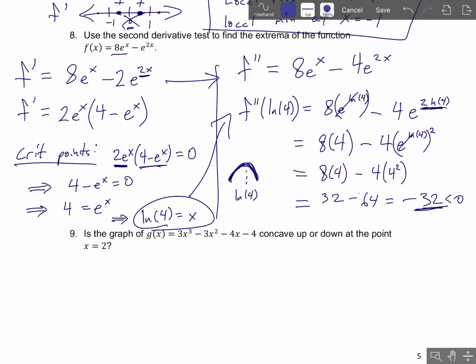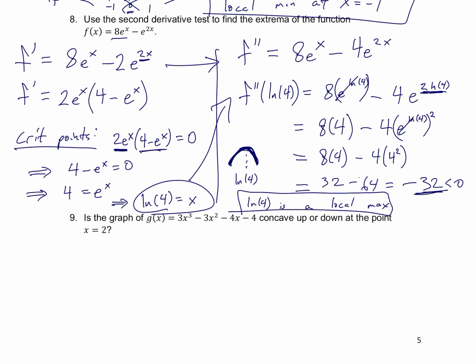And that means that near the critical point, the picture looks like this. And therefore, the second derivative test says that you're looking at a local max. So ln of 4 is a local max. Okay, so now we've found the local maximum for the function.